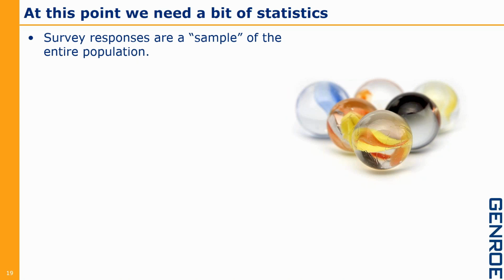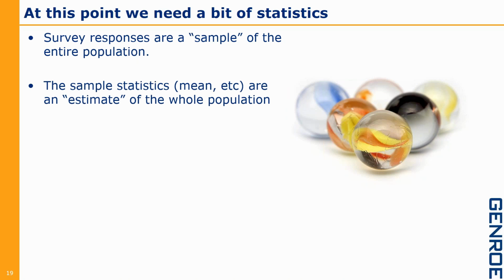It's not the whole of the population of customers. So because it's just a sample, the statistics we have, things like mean and even standard deviation of the sample, are what's called an estimate of the whole population. So we are trying to estimate the Net Promoter Score for the whole population of customers based on 100 responses. So think about it that way, as an estimate.